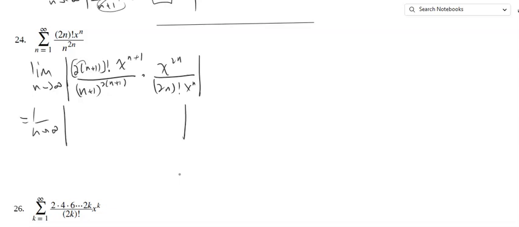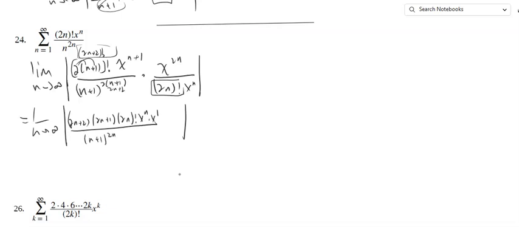This is 2n plus 2 factorial. So this is the goal. I'm going to start reducing this until I get exactly that. So that is 2n plus 2, subtract 1, 2n plus 1, subtract 1, there it is. That is x to the n, x to the 1. This is 2n plus 2, so that is n plus 1 to the 2n times, oh, okay, I made a mistake, I'll fix it, times n plus 1 squared.